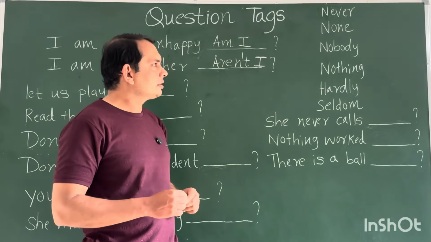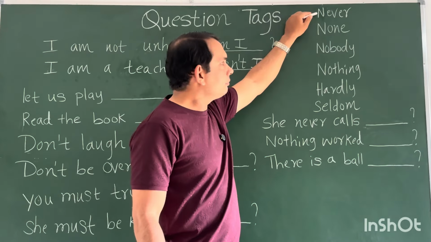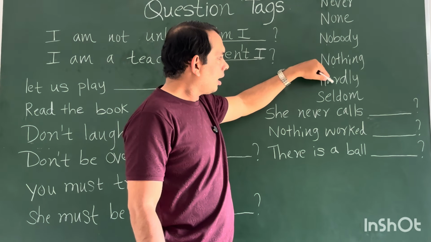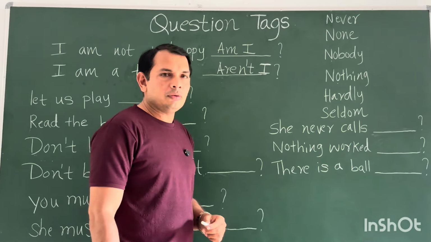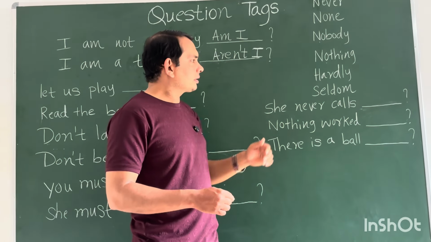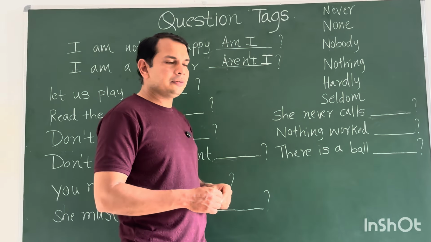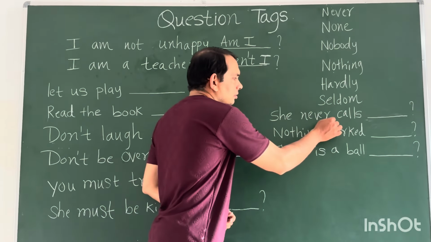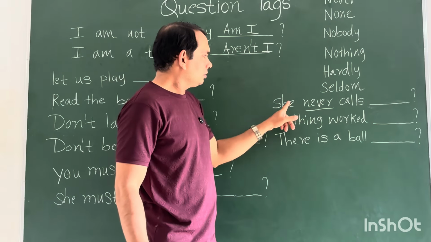I would like to add some points here. You can see words like never, none, nobody, nothing, hardly, seldom. These words are negative words. When these words appear in sentences, they are negative sentences. Look at this: She never calls. The word never is a negative word.